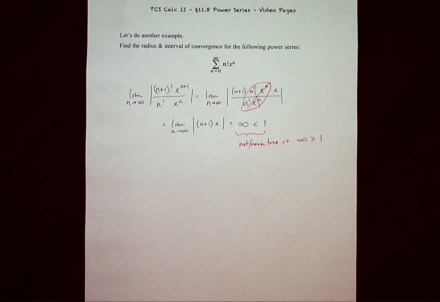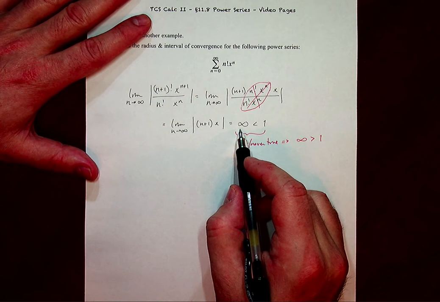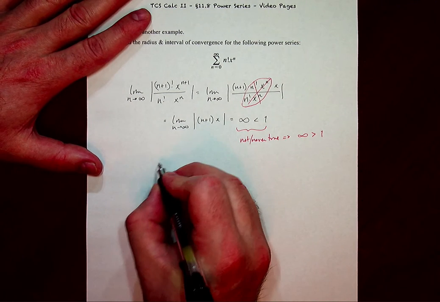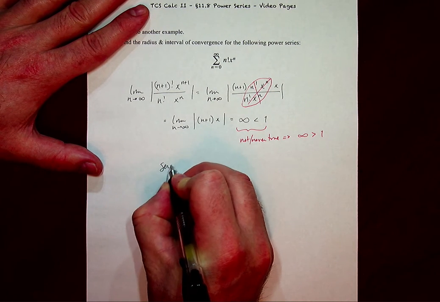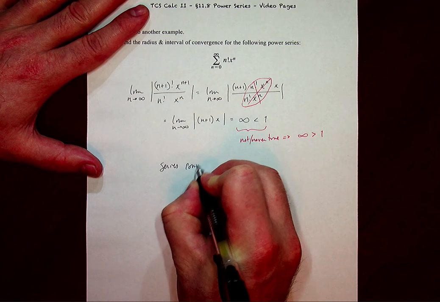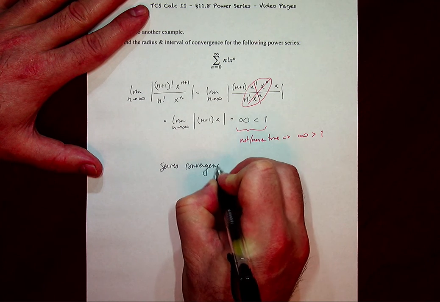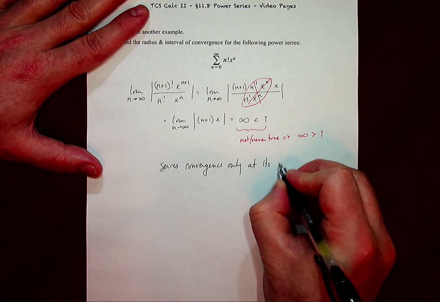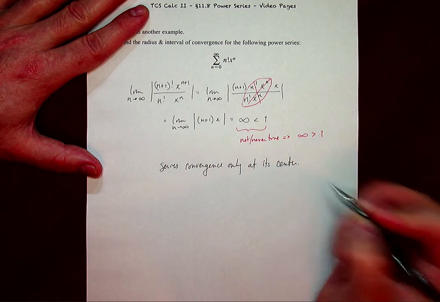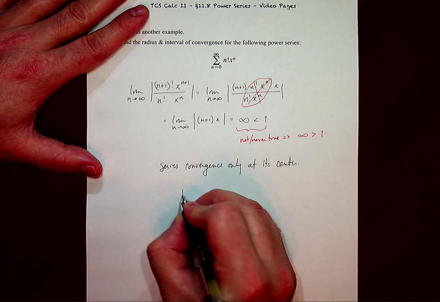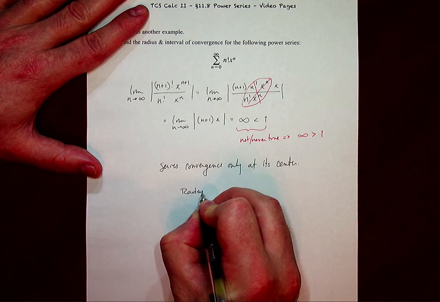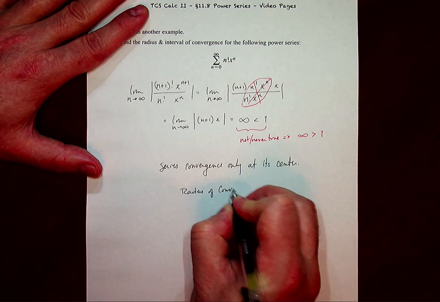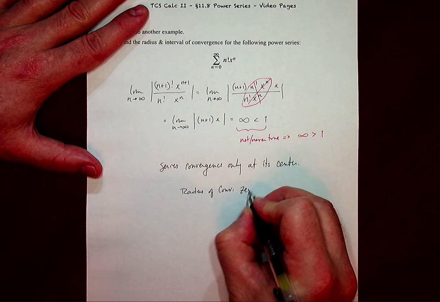What this means is that when you get infinity like this and it is less than 1, the series converges only at its center, and therefore the radius of convergence is 0.